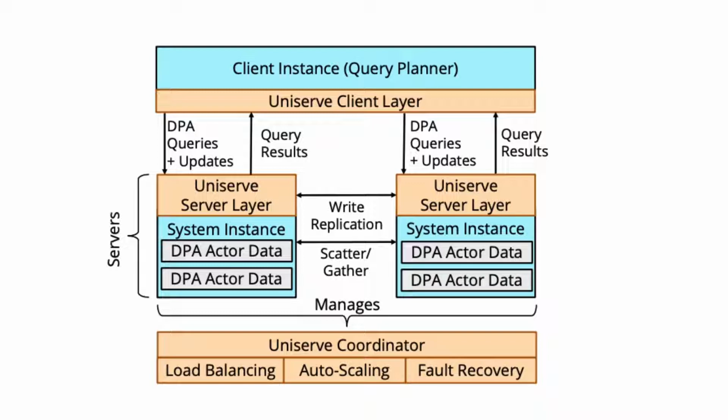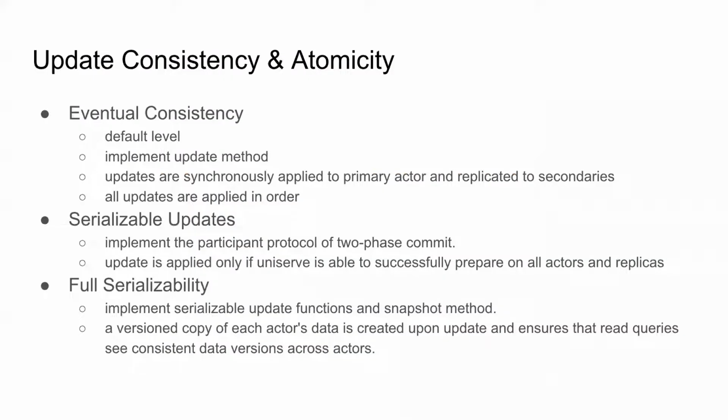Let's move to how Uniserve gives us the update consistency and atomicity that it promises. Like I said, eventual consistency is the default level here. You just implement the update method. Those updates are synchronously applied to the primary actor for that data, and then replicated to secondaries, and all updates are applied in order.